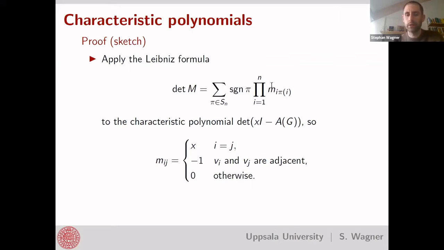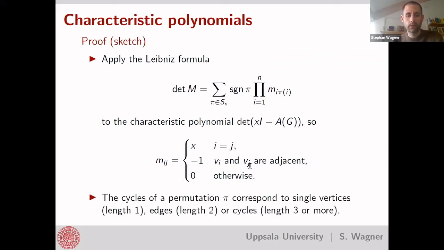So this product is 0 whenever I have one of these factors. And that's kind of important. So the cycles of a permutation pi that would contribute something here that's not 0, they have to correspond to actual cycles in the graph. So they can correspond to single vertices, they can correspond to edges if they have length 2, or they can correspond to cycles if it's length 3 or more.